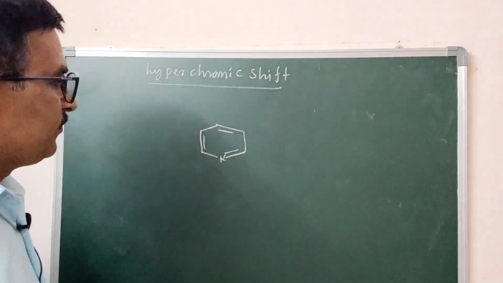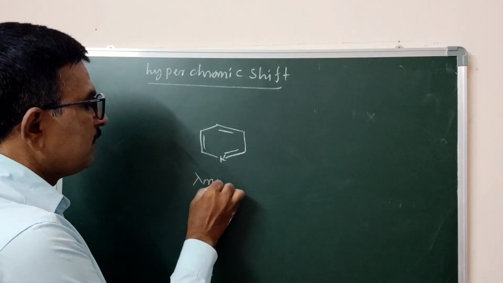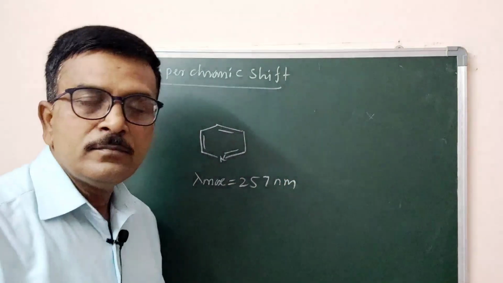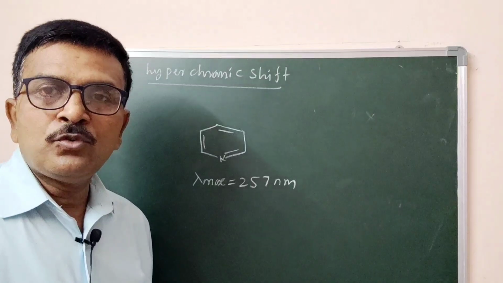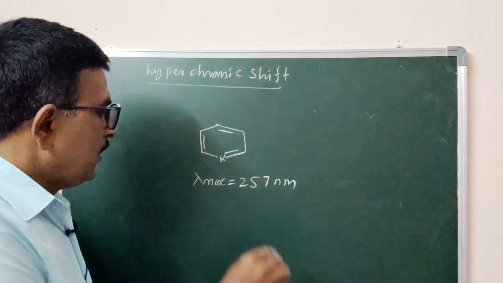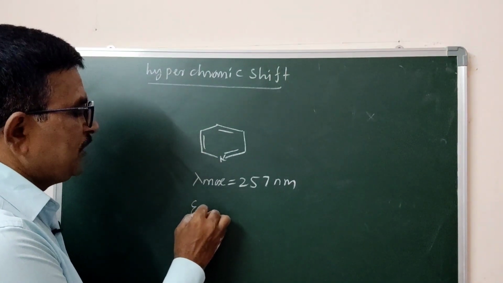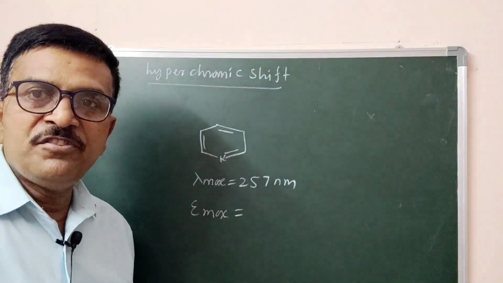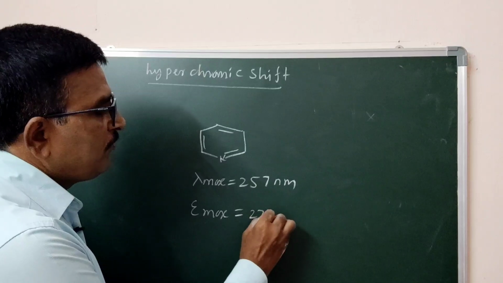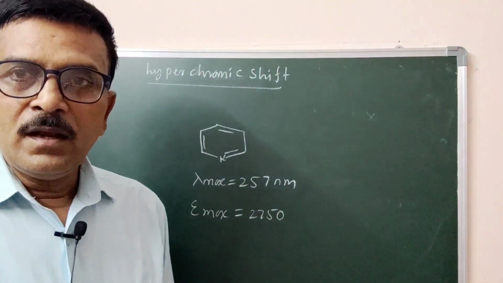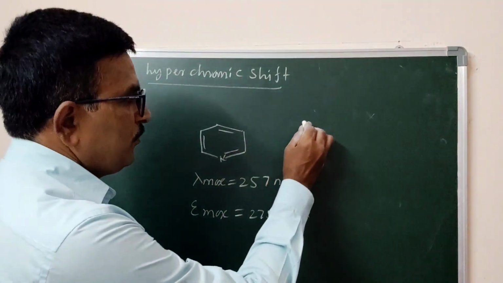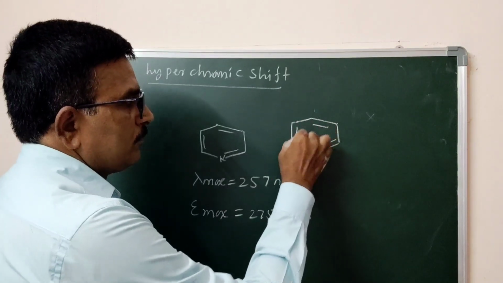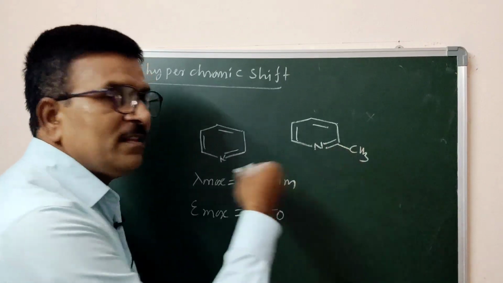For example, you take pyridine, where its lambda max is 257 nanometer. The wavelength of absorption is 257 nanometer. The molar absorption coefficient is 2750. Now, when we introduce one oxochrome, now you can see what is the difference.